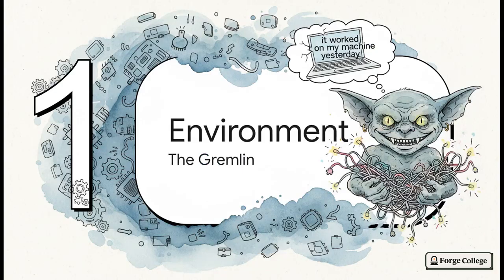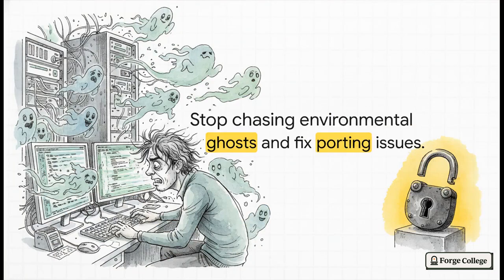The environment drift gremlin. So, every good story needs a villain, right? And ours is that dreaded, well, it worked on my machine yesterday syndrome. We call this the environment drift gremlin. Look, when you're porting smart contracts, you are going to be iterating constantly. You'll compile Rust, run local tests, tweak translation patterns, compare execution traces, the whole shebang. But here's the catch.